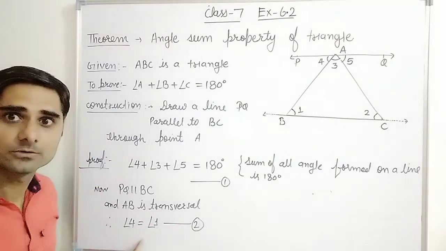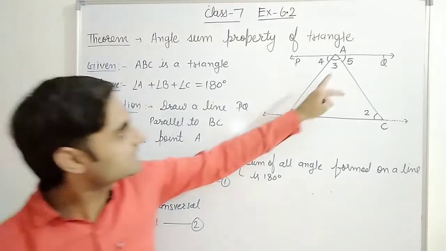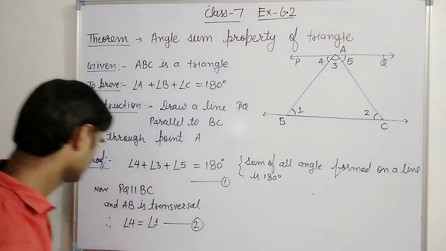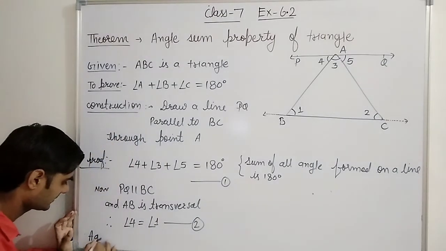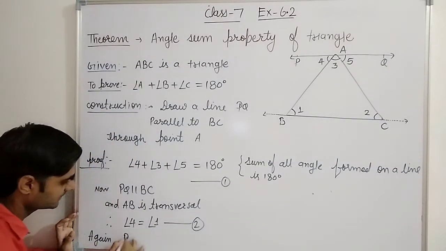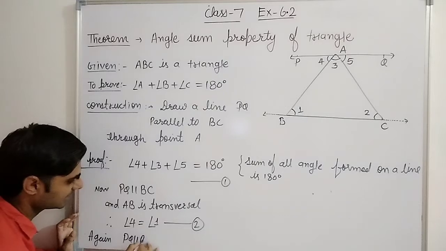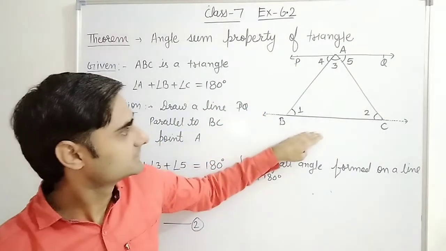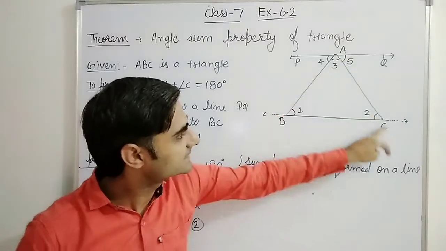Right? Now the same on that side, again PQ and BC are parallel, right? Again PQ is parallel to BC. And on the other side, this AC is a transversal.